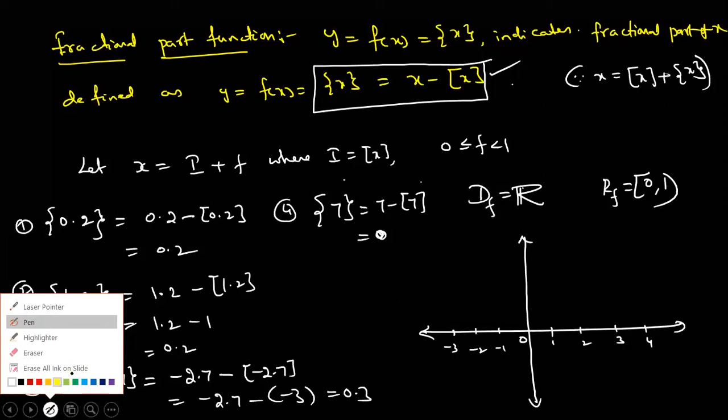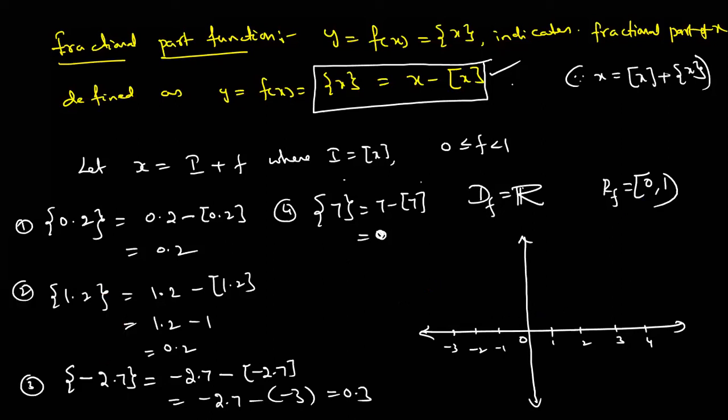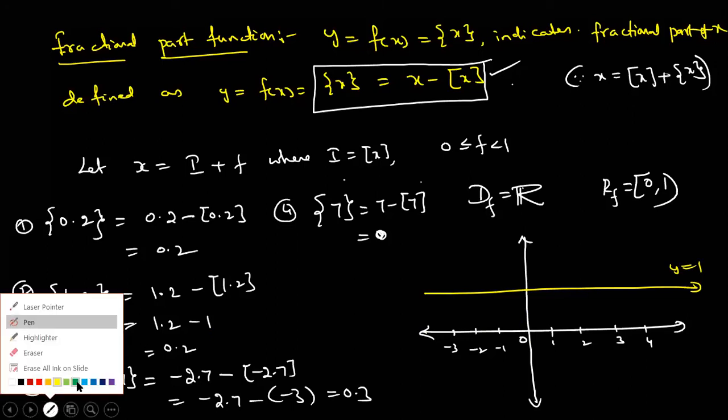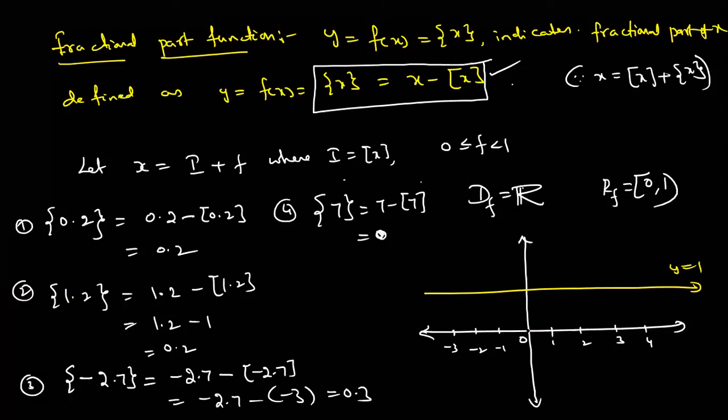So maximum 1 means what here? This is the line y is equal to 1. Maximum is 1, minimum is 0. So how is the graph here? See carefully, I'm drawing. 0 to 1 like that.